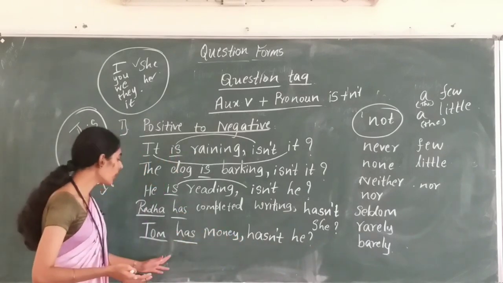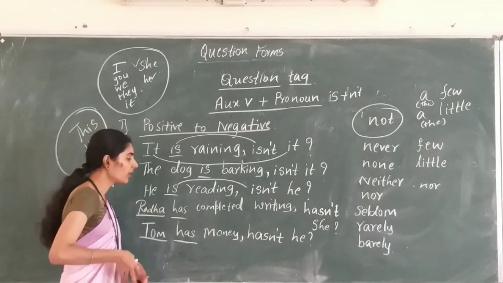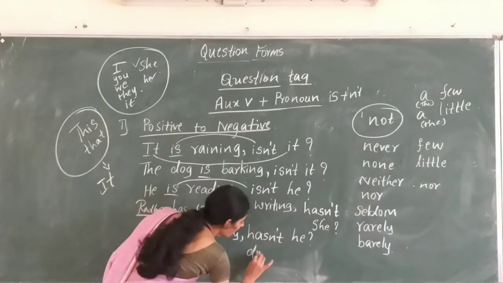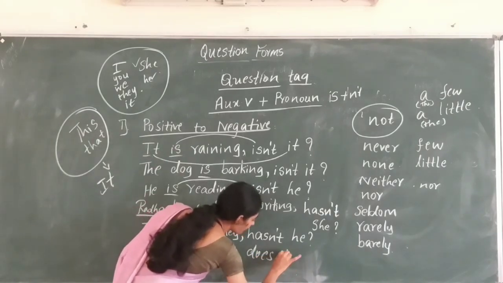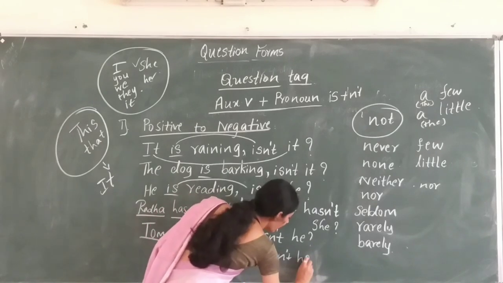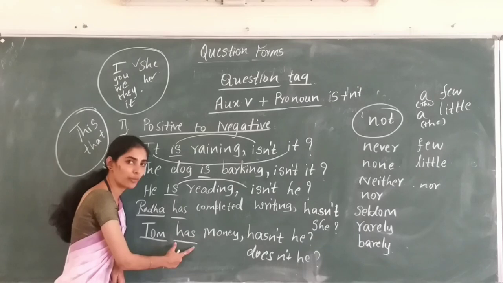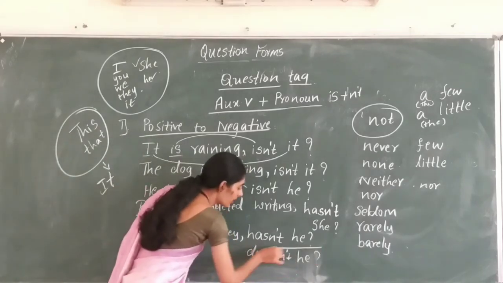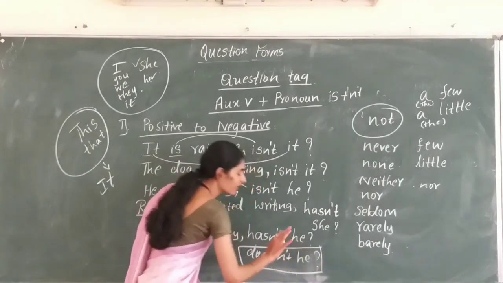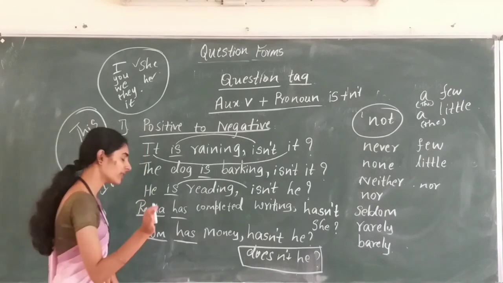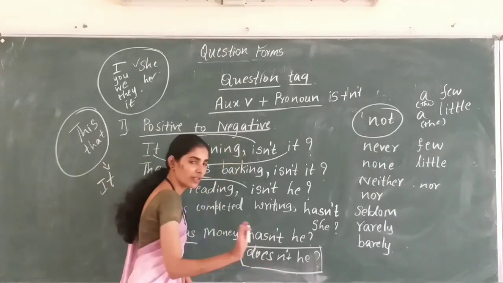But there is also the American version which says it can be written as doesn't he. Doesn't he. Why? Because here "has" is also a main verb. So if you find it difficult, don't take this into your mind. Okay, that is enough. This is just for your information.